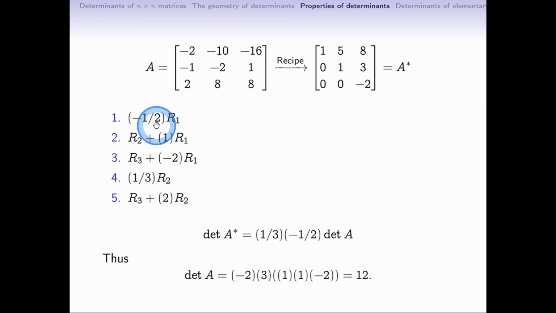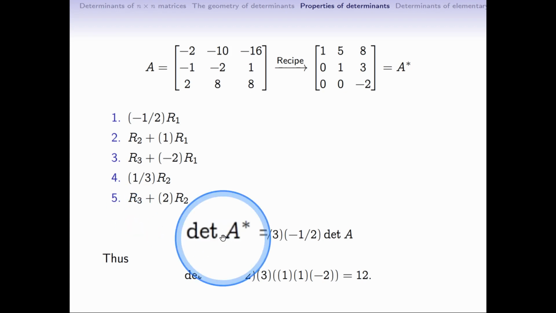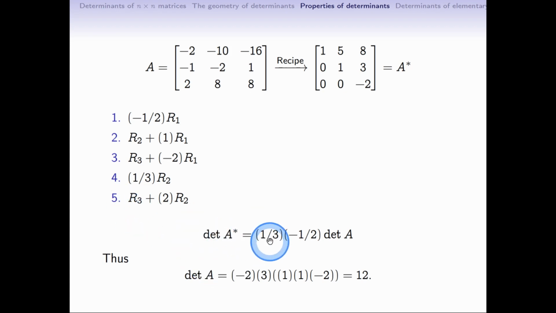We know that this one will have the effect of multiplying by -1/2, and this will have the effect of multiplying by 1/3. These type 3 operations don't alter the determinant. So, according to theorem 4.3, the determinant of A star is 1/3 times -1/2 times the determinant of A. That's the link between the determinant of A star and the determinant of A.